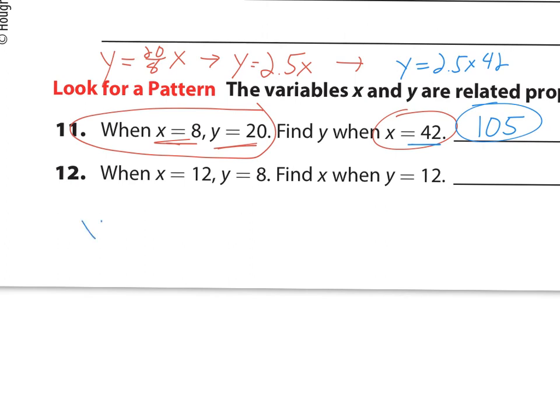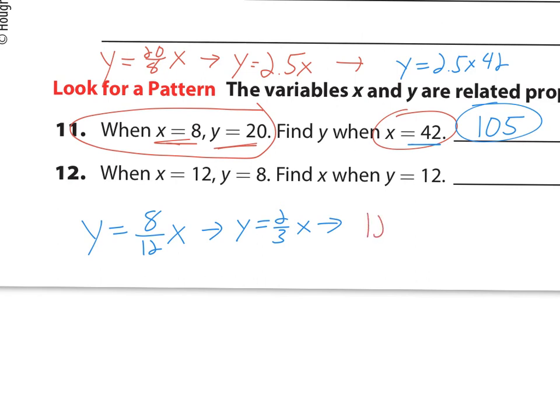What's my y that I know? 8. And what's the x that I know? 12. So I can still reduce this to y equals 2/3 x. They tell us that y is 12.